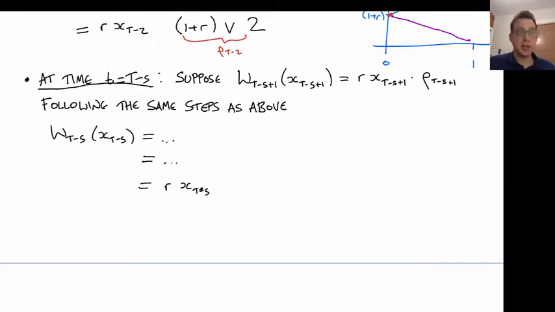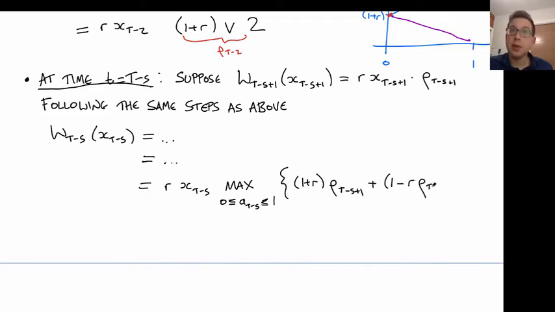So we get r times x of t minus s, and then we've got a choice to maximise over the actions between 0 and 1 of: 1 plus r times rho of t minus s plus 1, plus 1 minus r rho of t minus s plus 1, times a of t minus s.